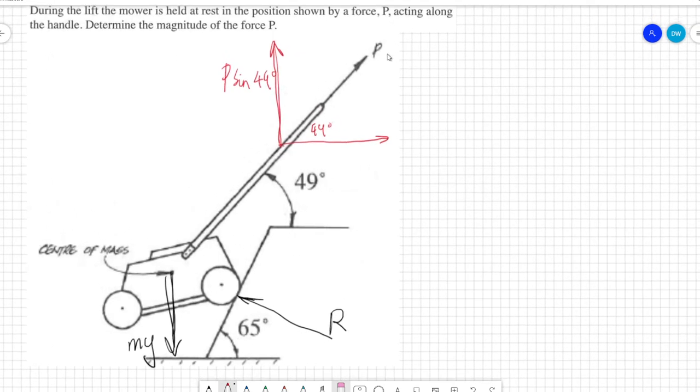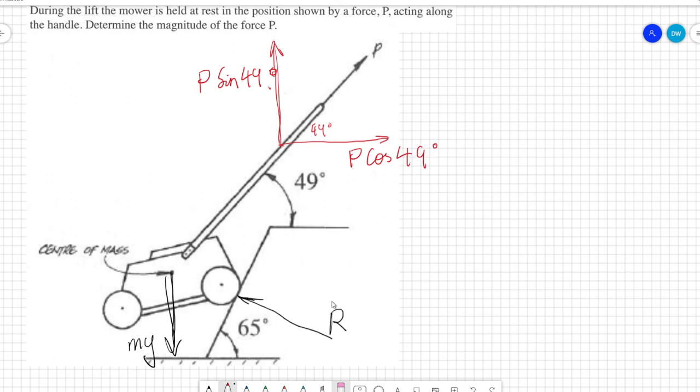Let's zoom in a bit. This is the horizontal part, so this should be P cosine 49 degrees.